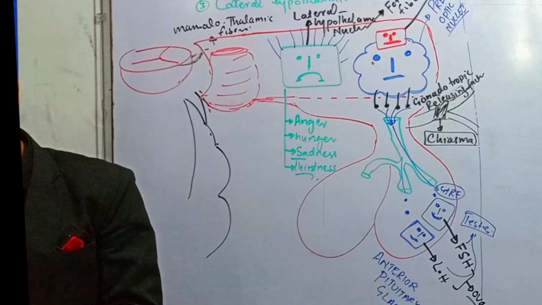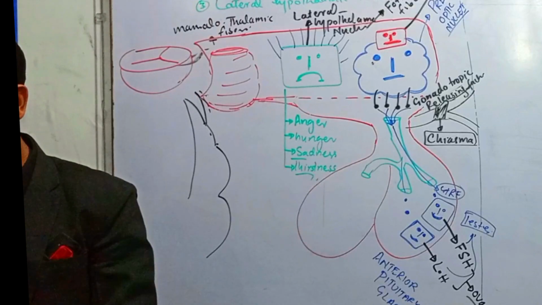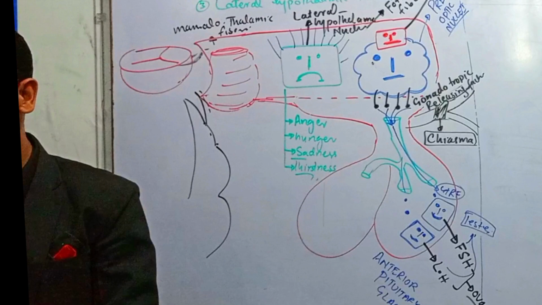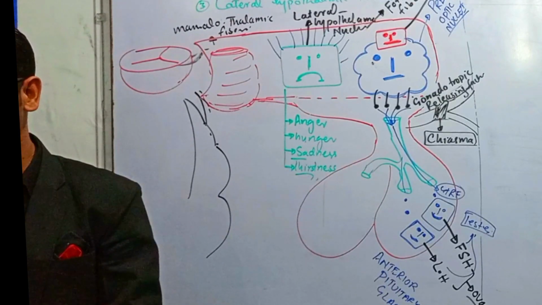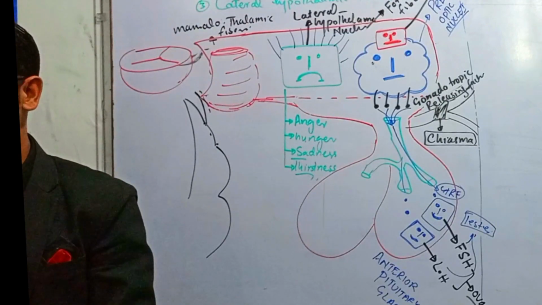When this nucleus is activated, you will eat more food, you will get angry, you will be thirsty. This is the nucleus which gives us the awareness for searching food and searching water, right?